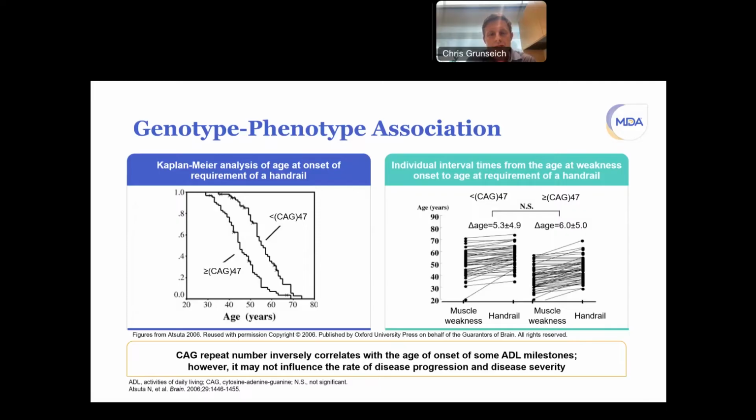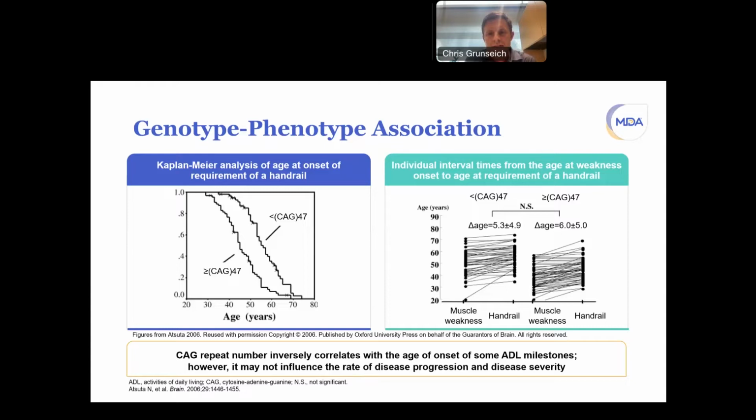Now, although that age at which they present with weakness can be early in patients with a larger repeat, it doesn't necessarily mean that their disease is going to advance any faster than those who have a shorter repeat. And that's shown here in this study that was done evaluating changes in disease progression, basically the time that it took a patient to go from manifesting with muscle weakness to requiring the use of a handrail.